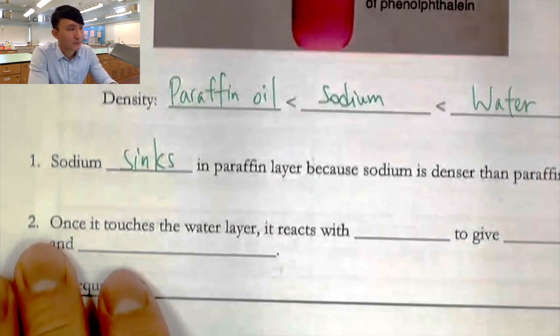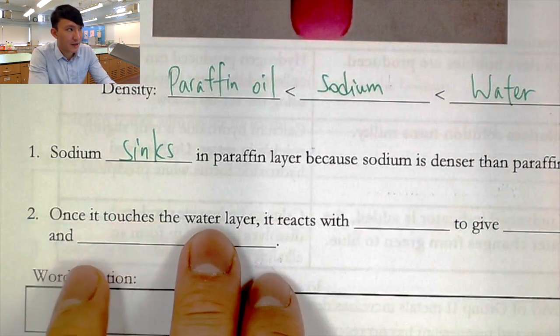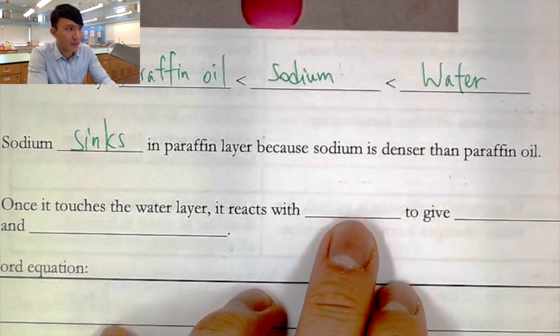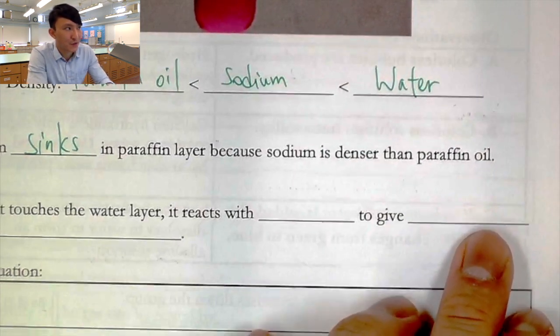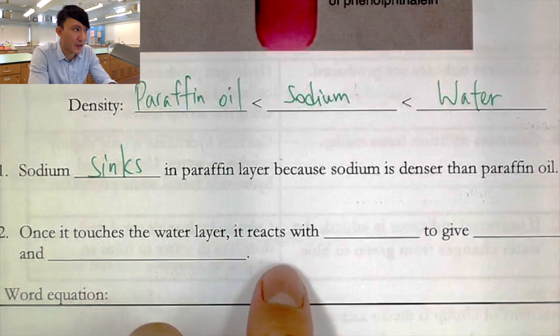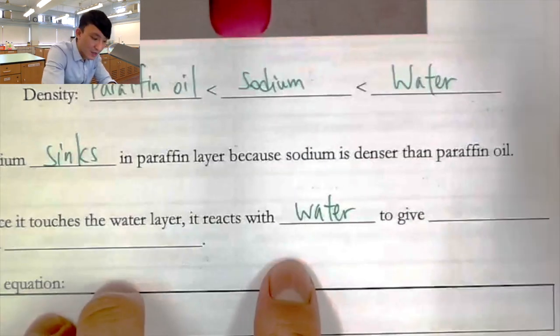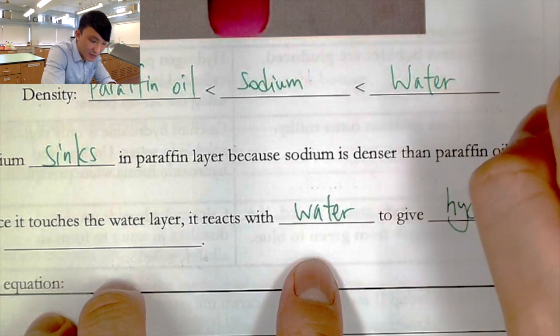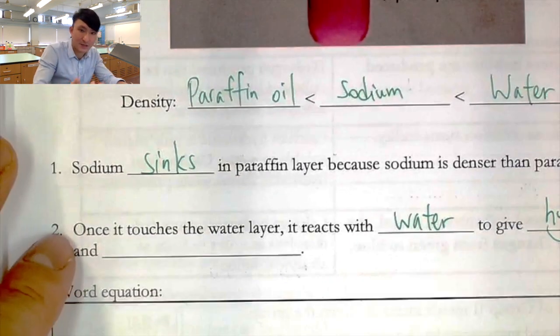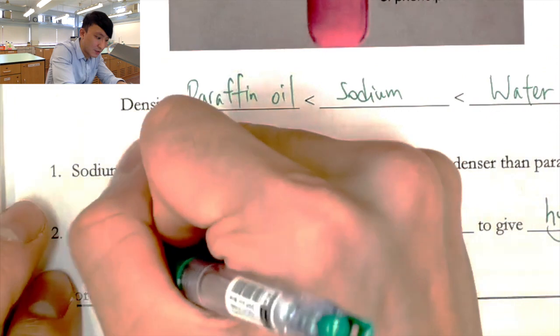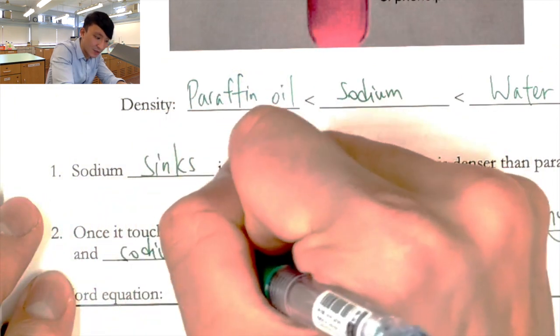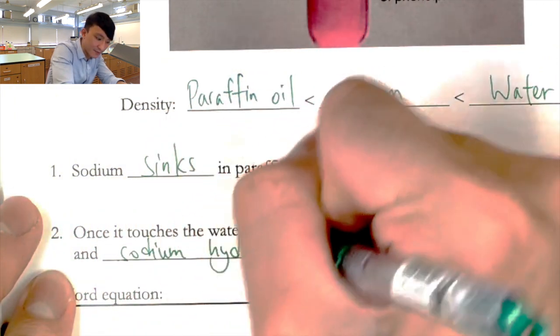Now, once the sodium touches the water layer, it reacts with something to give two different products. So it reacts with, of course, the water to give hydrogen, as well as, because it's sodium, sodium hydroxide. Okay?